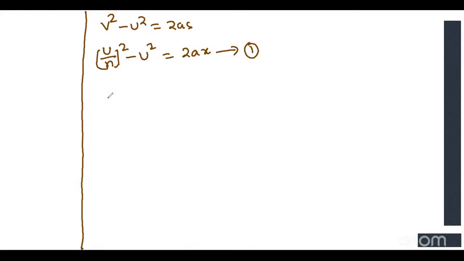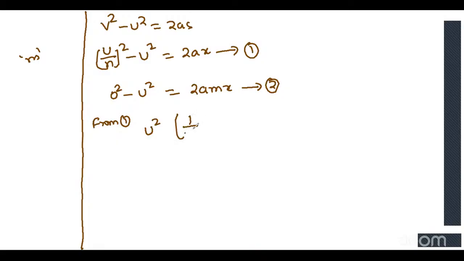After traveling m number of planks, the final velocity will be 0. Let us consider it as equation 2. From equation 1, u square common, 1 by n square minus 1 equal to 2ax, called equation 3.